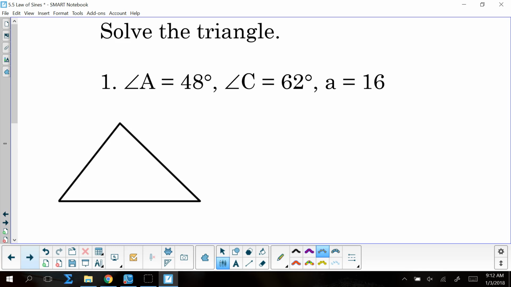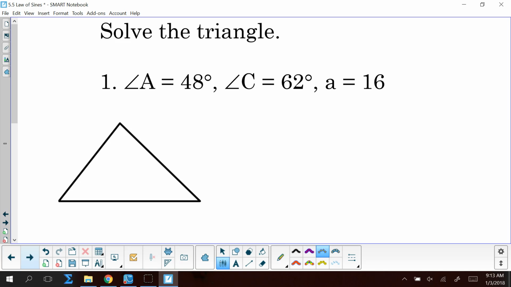Okay, so how many sides and angles will I be given? Well, you would get at least one side and one angle. We'll always give you 3 bits of information. So one side, one angle for sure, and then either another angle or another side.